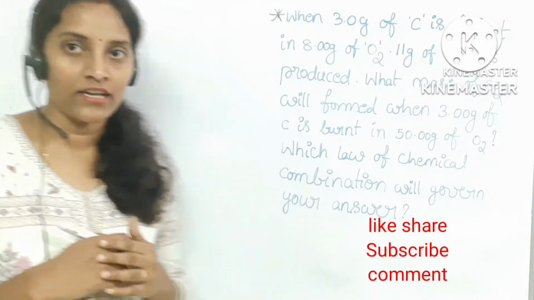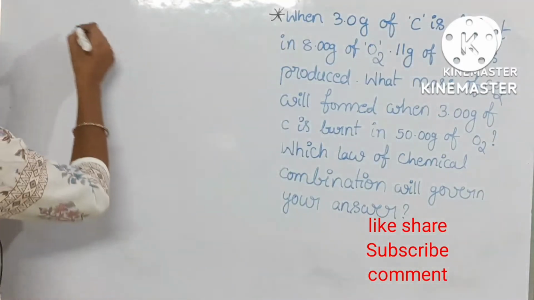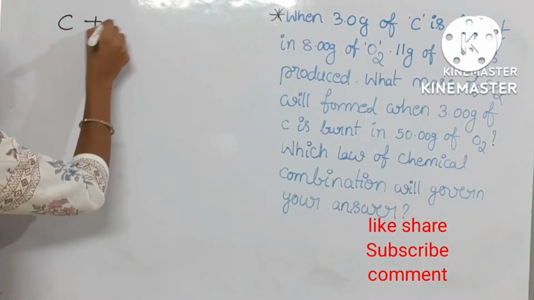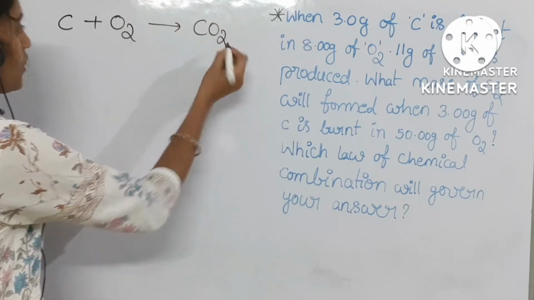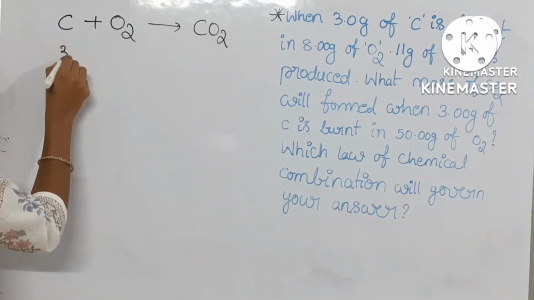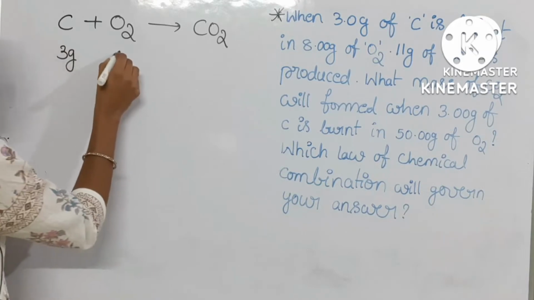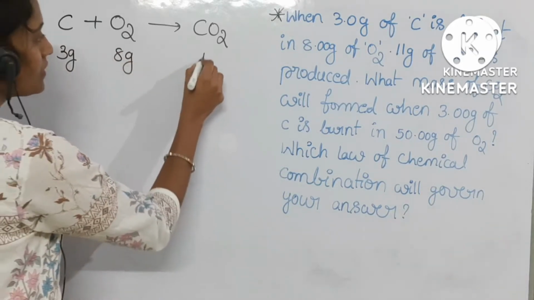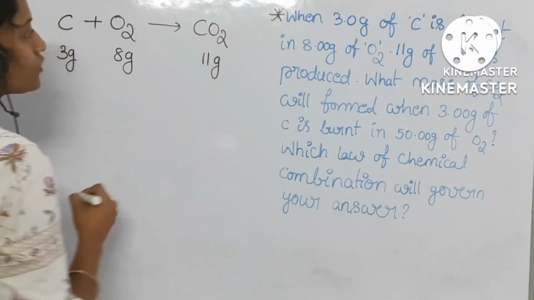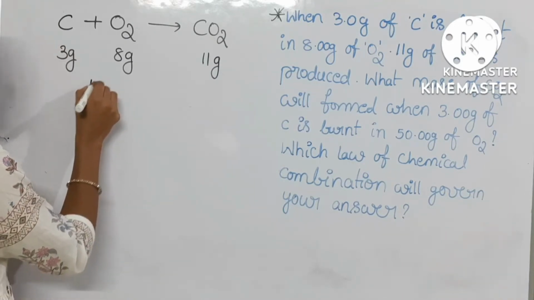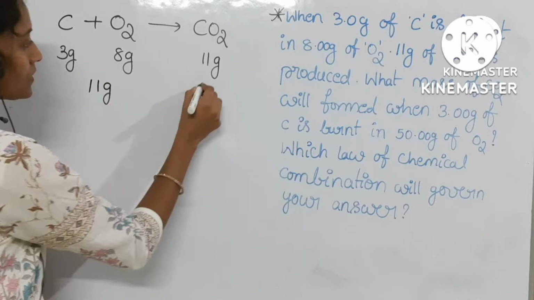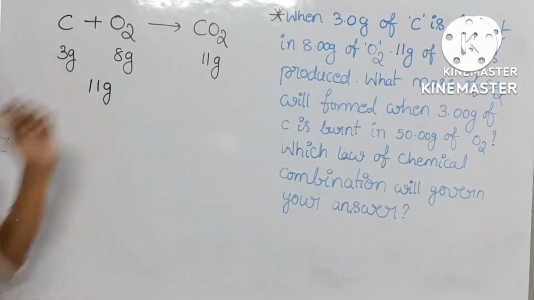Now going to the calculation part. See, carbon reacting with oxygen gas will form carbon dioxide. In the first condition, 3 grams of carbon reacting with 8 grams of oxygen will form 11 grams of carbon dioxide. Here the reactant side is 11 grams and the product side is also 11 grams.